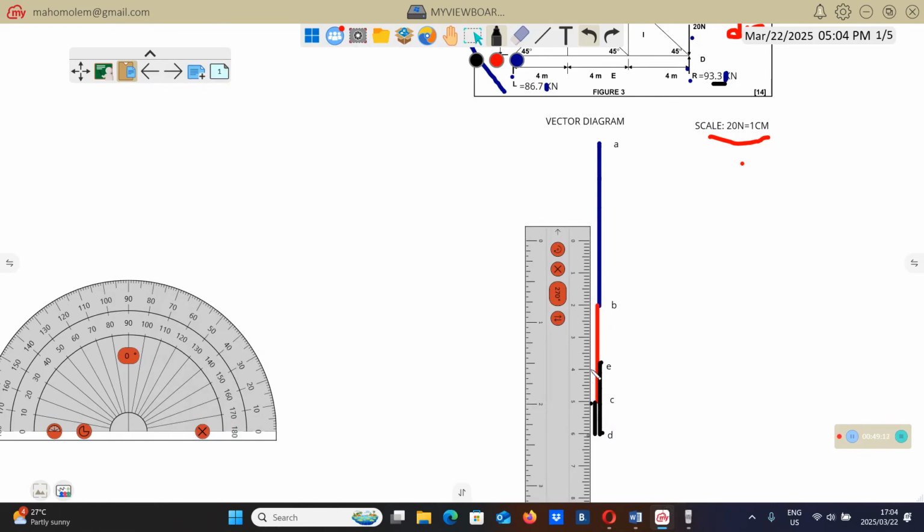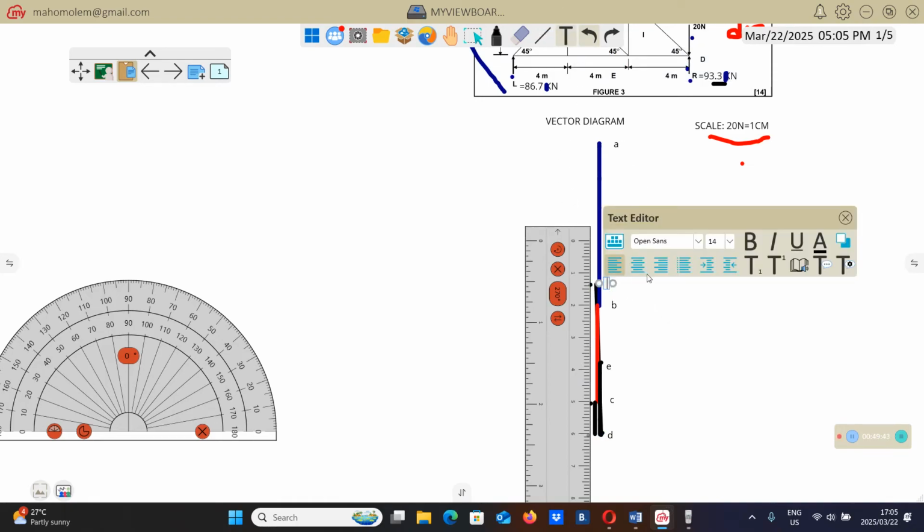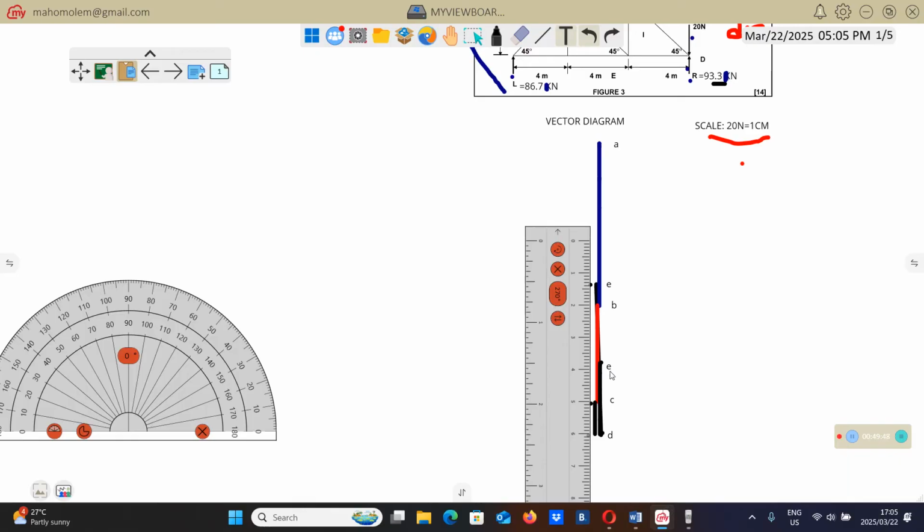This is 1 centimeter, 2, 3, 4. 4.6 will end somewhere there. Good, this is right now. So E will start from here up to there. Where this line ends, it's going to be E. Erase this one.